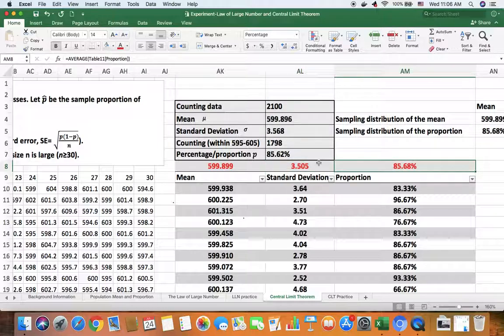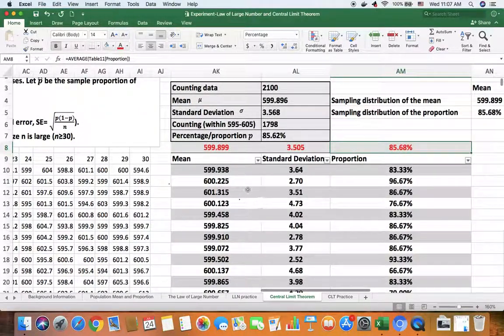And this value is very close to the population proportion. This information tells us we can use some samples to represent or to estimate the population parameter.